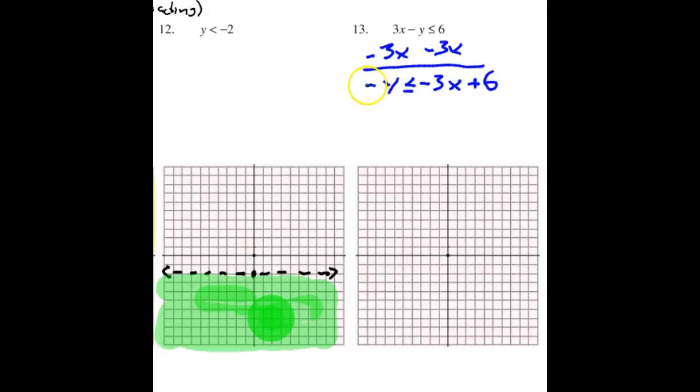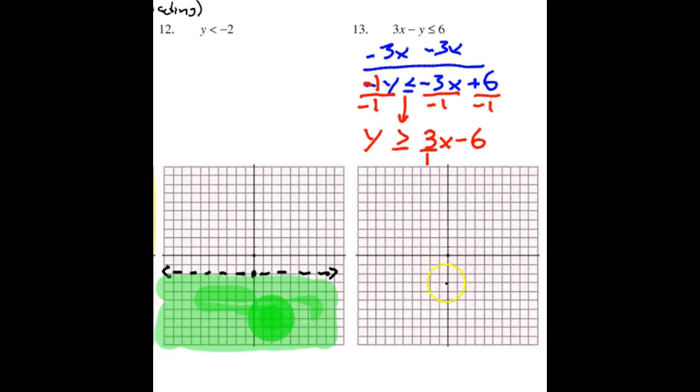And then let's go ahead and divide by negative 1. And of course, anytime you divide by a negative, we must flip that sign. So we're going to have y greater than or equal to 3x minus 6. And that'd be 3 over 1. So we're going to start at negative 6.